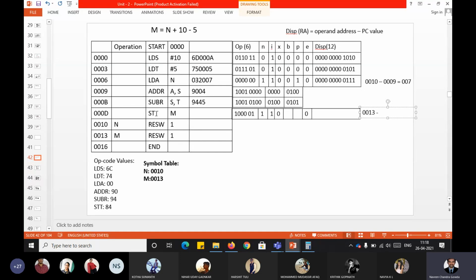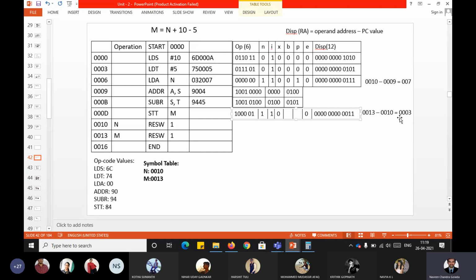As I am pointing at STT M as the current instruction, what is the PC value? The PC value is 0010. So when you do 0013 minus 0010, you get 0003. I repeat, 0003. I need to write it as 0 0 0 3 in the 12-bit format.